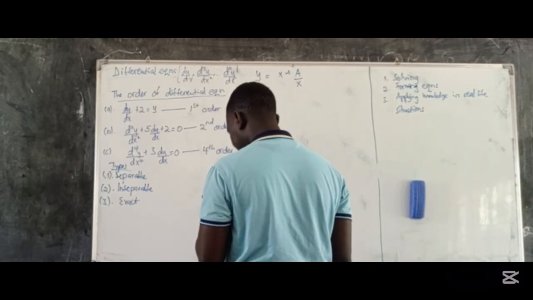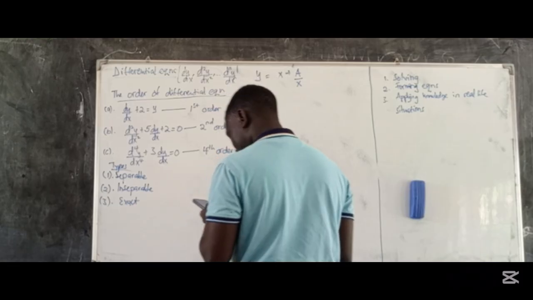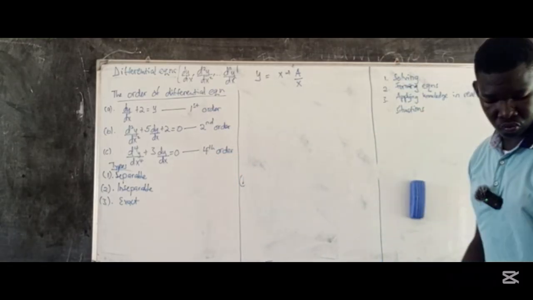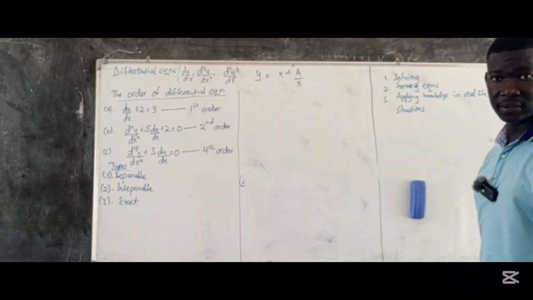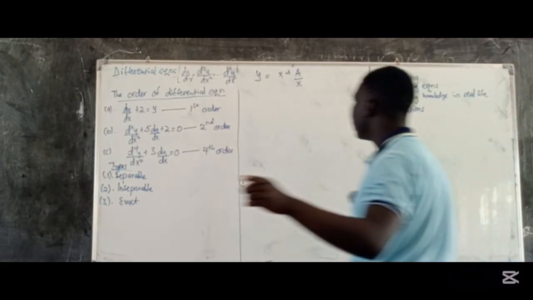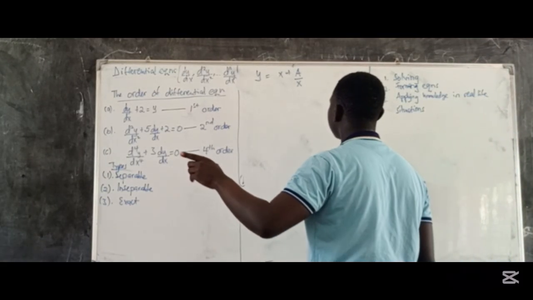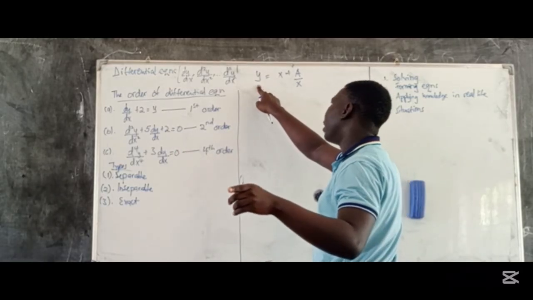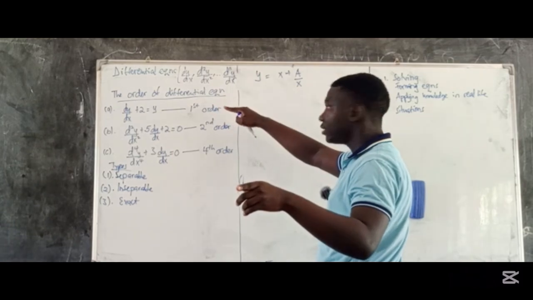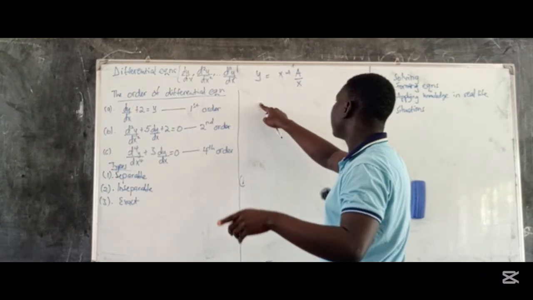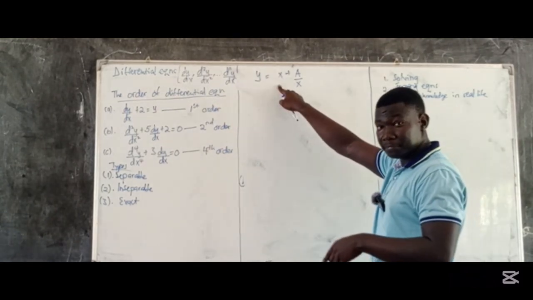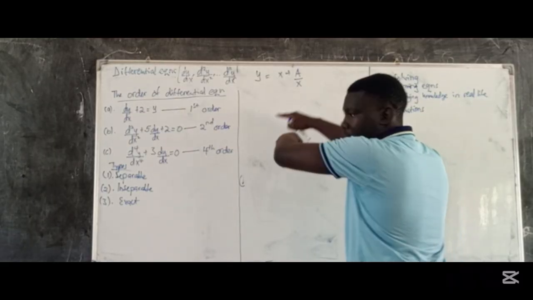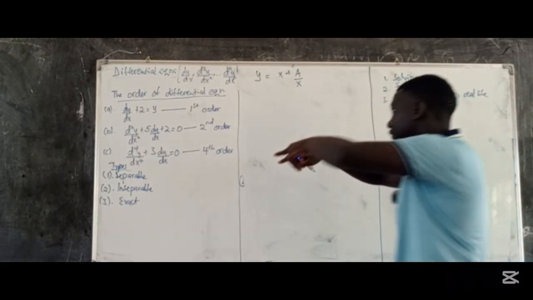Now, if I'm going to solve this, one thing I have to put in mind is that I have to get rid of the a. And if I'm differentiating, most likely I will differentiate with respect to x. So when I'm handling this, I would like to work around that until I get my final solution.